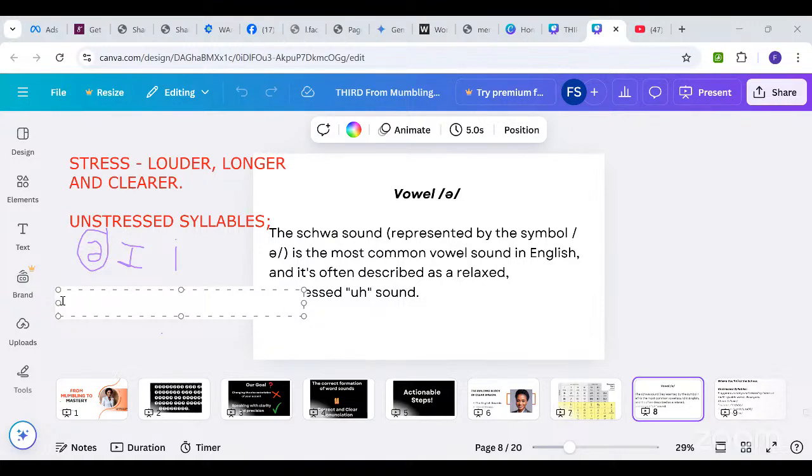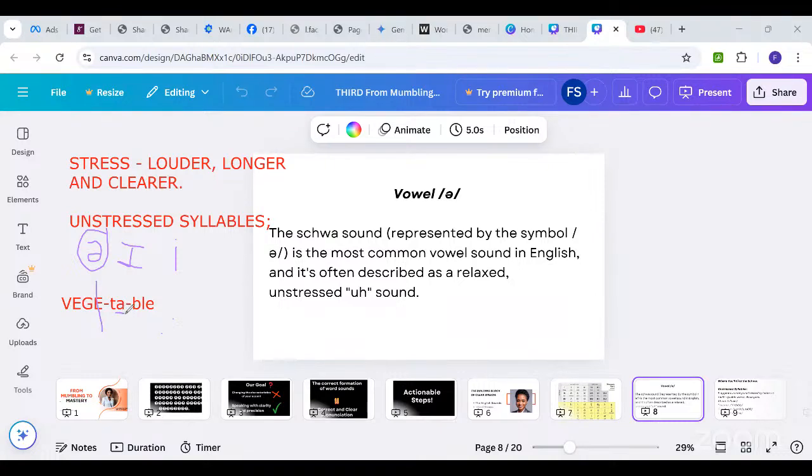So for example, if I have the word vegetable, I'm stressing the first syllable. The second E is silent. So it's not veggie, it's vegetable.